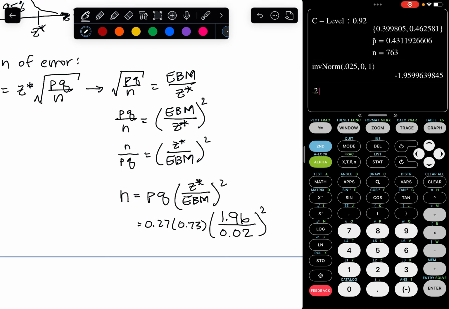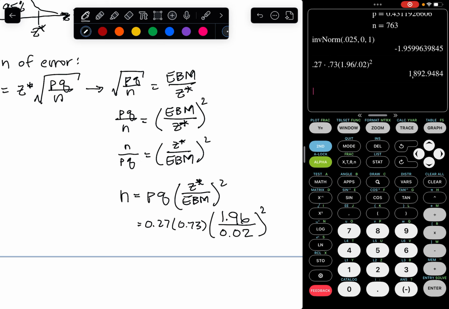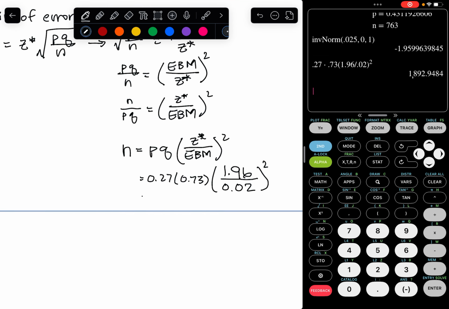So 0.27 times 0.73, and then in parentheses, 1.96 divided by 0.02 squared. And I get 1,892.9. I'm going to jot that down really quick.